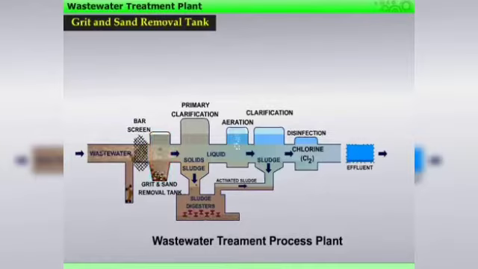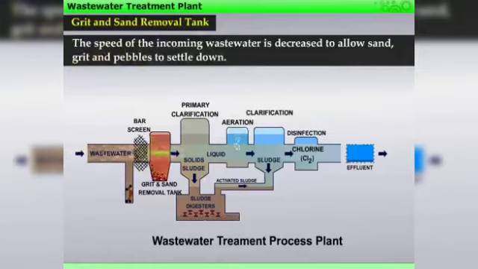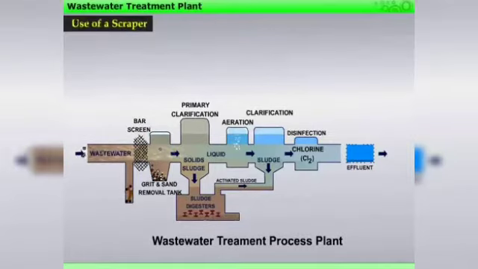Slowly, what happens? The soil or the sand, small particles will settle down in the second. The floating things, all the big floating things, we have already taken out with the bars or the sieve.